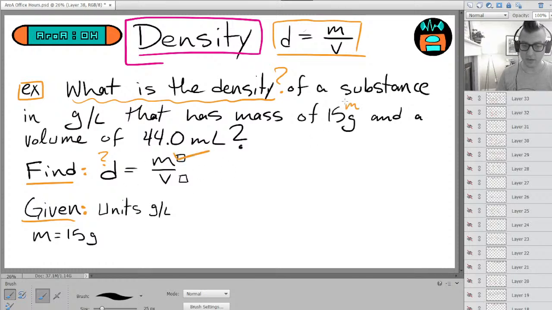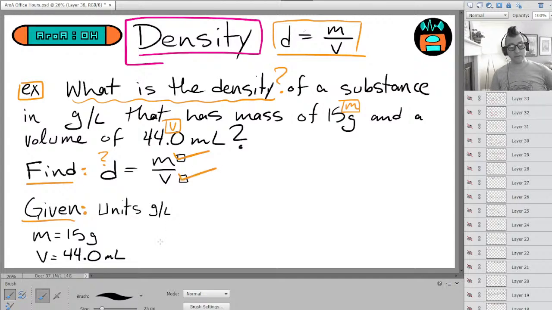We've got mass right here. And the volume is 44.0 milliliters. That is our volume. So we have our mass, we have our volume, we can calculate density.